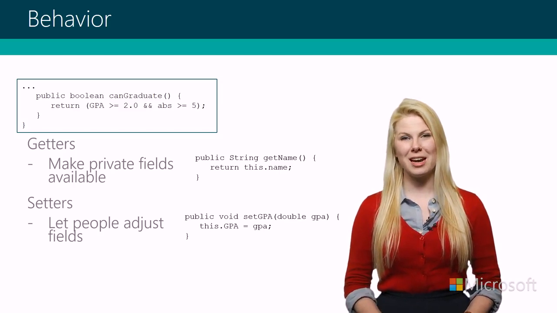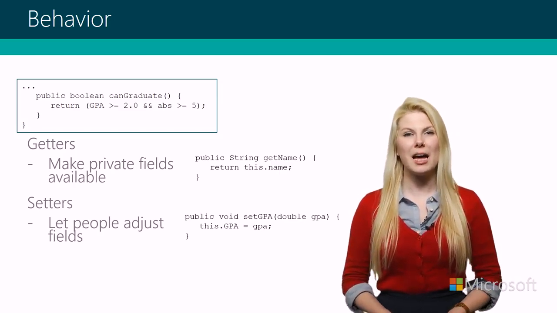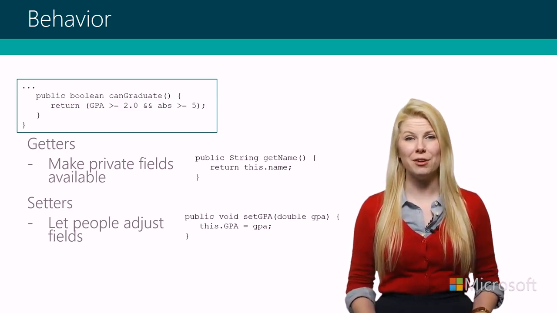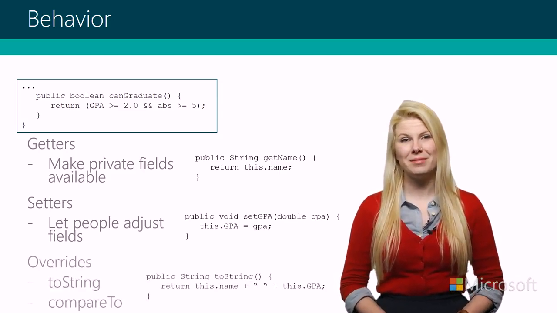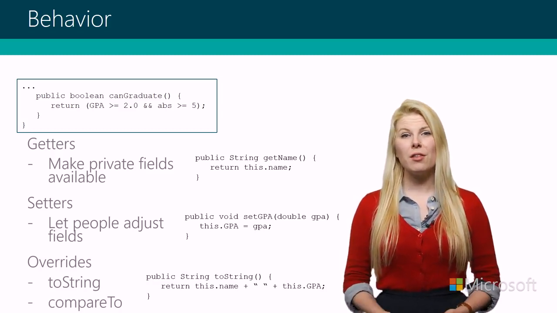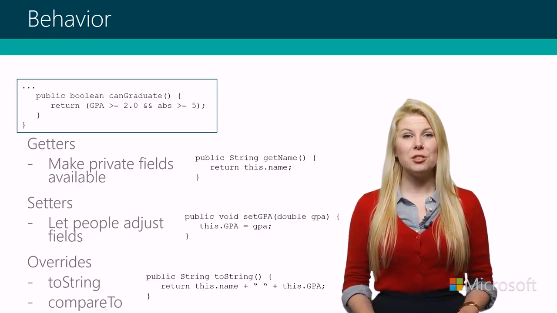Now, this setter is kind of silly. It sort of defeats the purpose of a private field, but you can imagine adding pieces here like throwing an exception for trying to add a bad value or limiting which values your user can set. In addition to what other methods you come up with, another common one are overrides. Every object comes with, for example, a toString method.